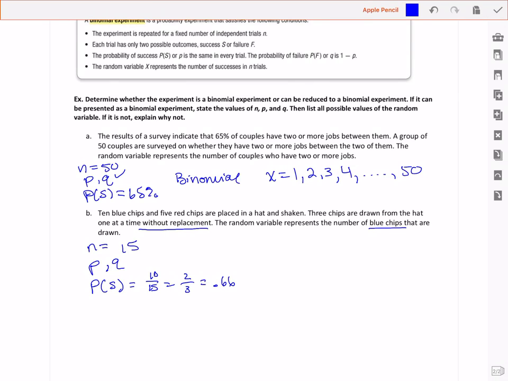But since we're not replacing it, on the second draw there would be less than that. There'd be like 9 out of 14. So what that says is we don't have a probability of success that's the same for every trial. So no, this is not binomial.